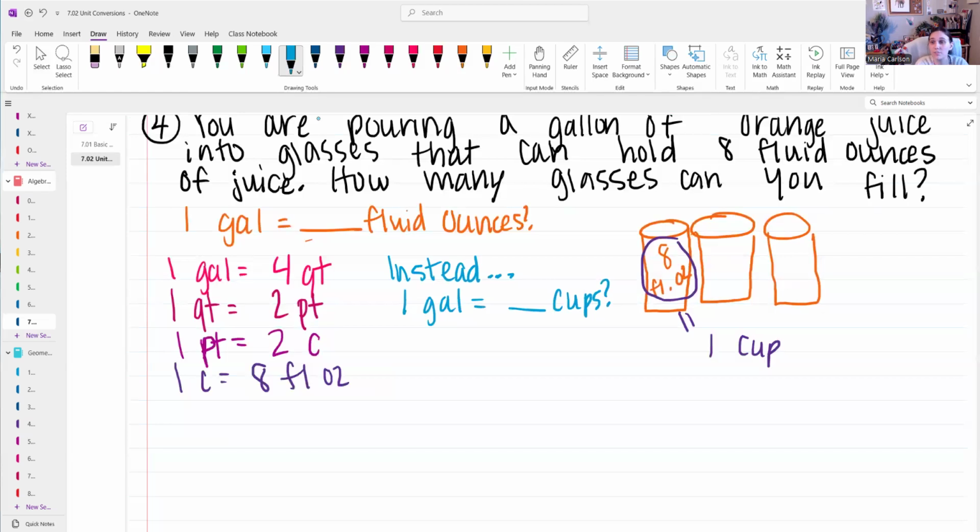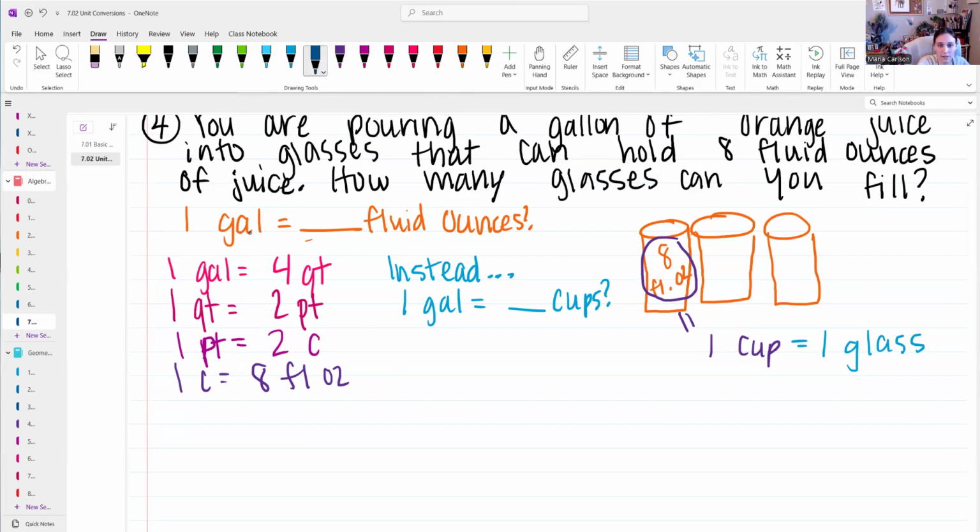Because if I can figure out the number of cups, then we'll know the number of these glasses that we can fill, because 1 cup is 8 fluid ounces, which is 1 of these glasses. All right. And you might already know how many cups are in a gallon, and that is wonderful, but we're going to use some of these conversion factors.